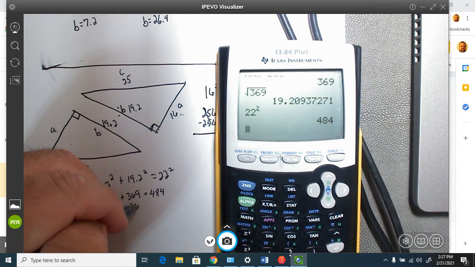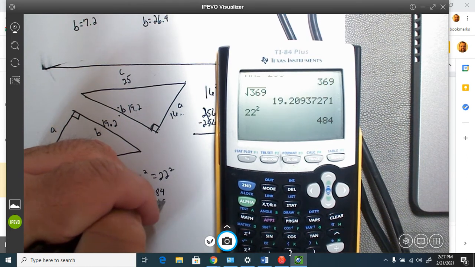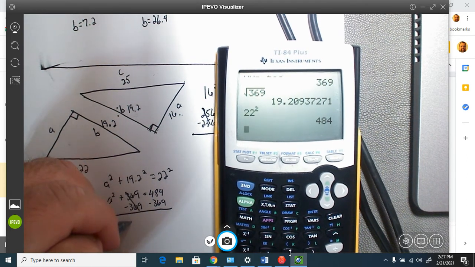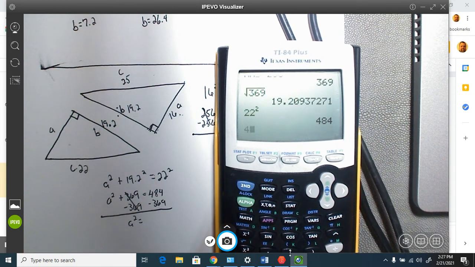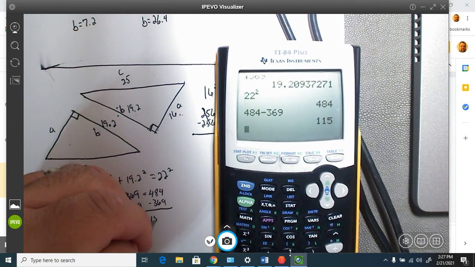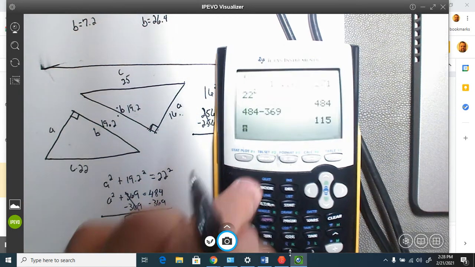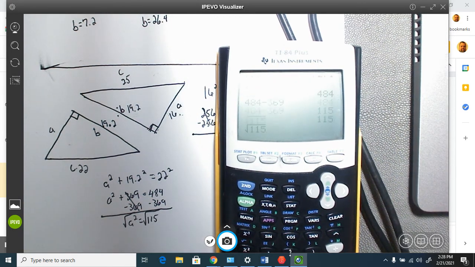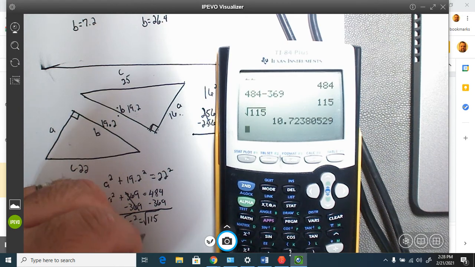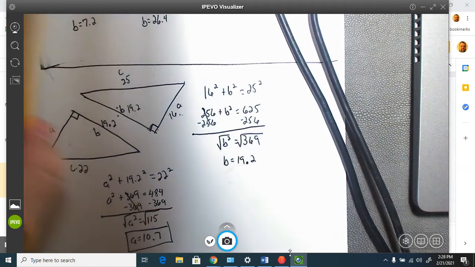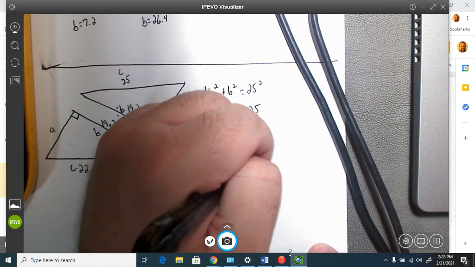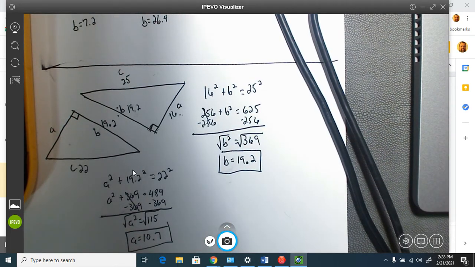So I'm going to subtract 369 from both sides. A squared equals 484 minus 369. So 115. Then I'm going to take the square root of that. A equals 10.7. So there's my A. There's B. So I found all the missing parts.